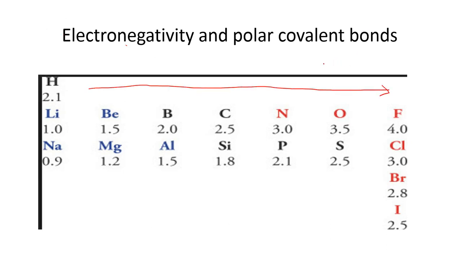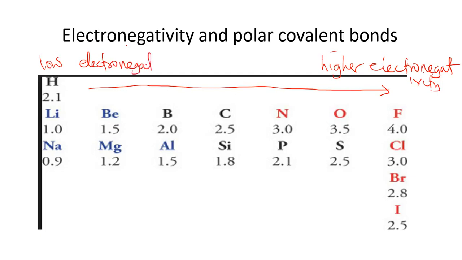So this side has higher electronegativity. This side has low electronegativity. Now, also if you check, you will see that electronegativity increases as we go up. So this part has low electronegativity, this part has high electronegativity.